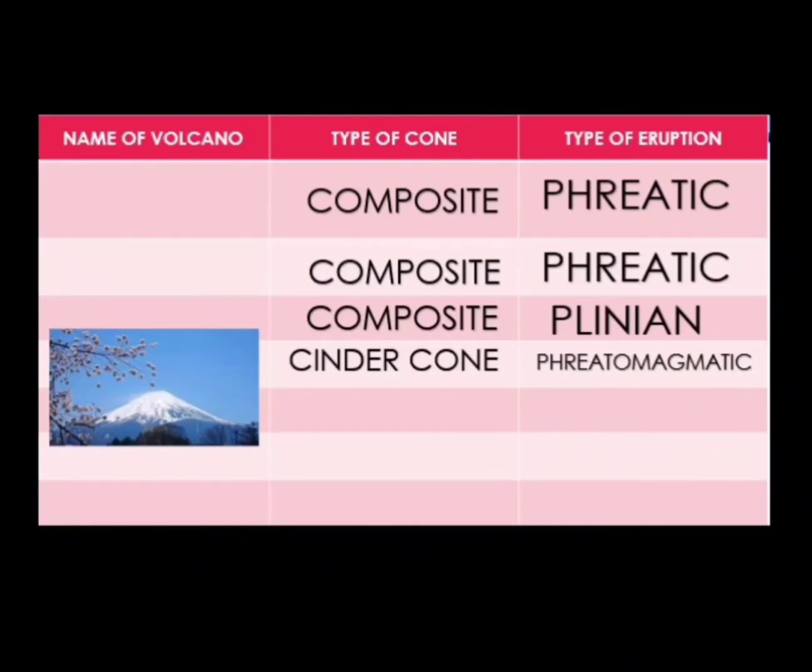Mount Fuji. It is the tallest mountain in Japan. It is considered as an active volcano in Japan. Very good! It is a composite volcano. And it has a moderate type of eruption.